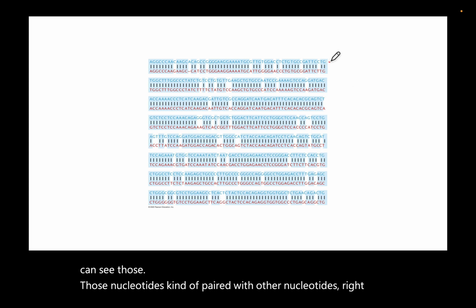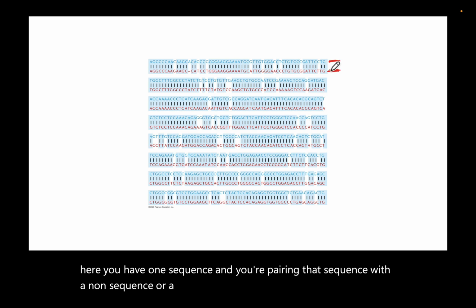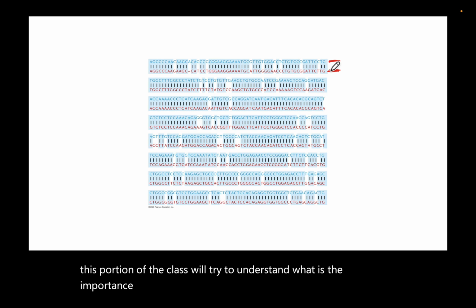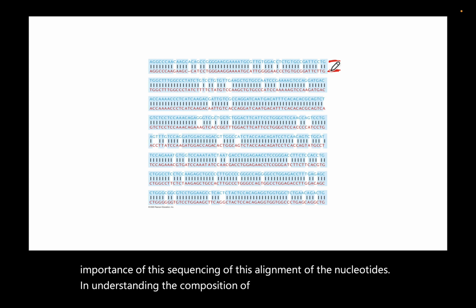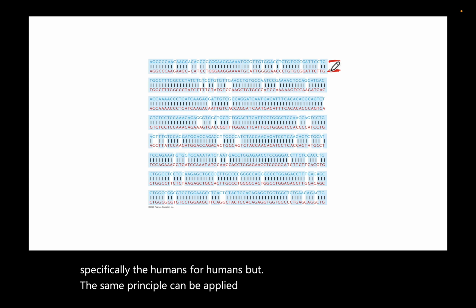So here you have one sequence and you're pairing that sequence with a sequence of other organisms. So in this portion of the class, we try to understand the importance of this sequencing, of this alignment of the nucleotides in understanding the composition of the genome of the organisms, specifically humans, but the same principle can be applied to many other organisms.